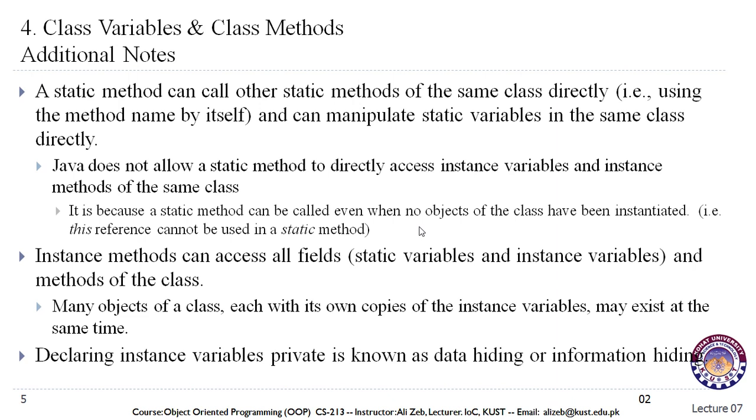That is why we would prefer to declare those variables as private, and if we need to access those variables, we can access them through the public methods that are the accessor and mutator methods, or in other words, the setter and getter methods that we used in our previous lecture.